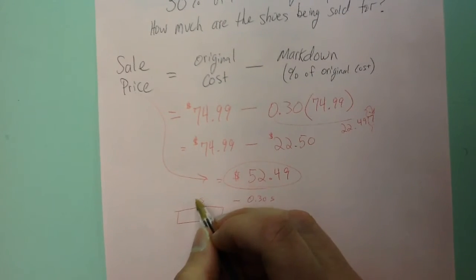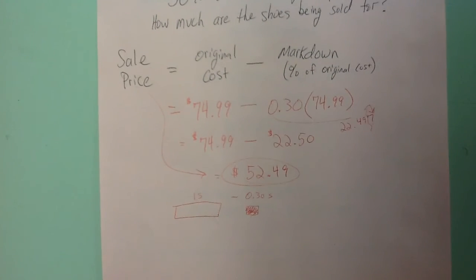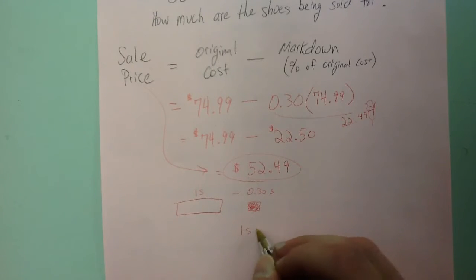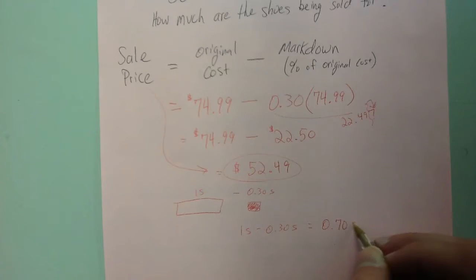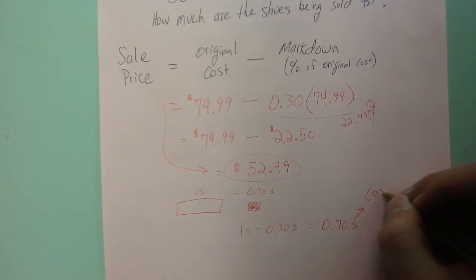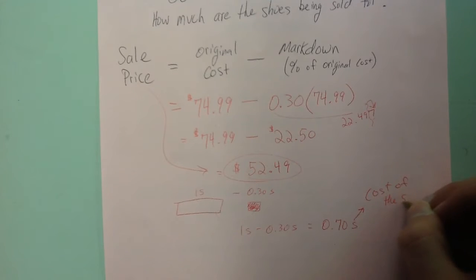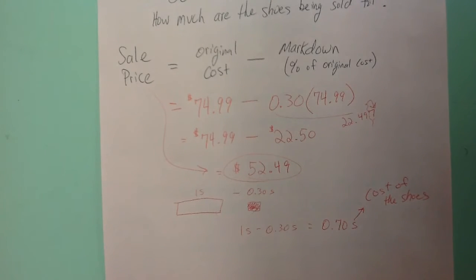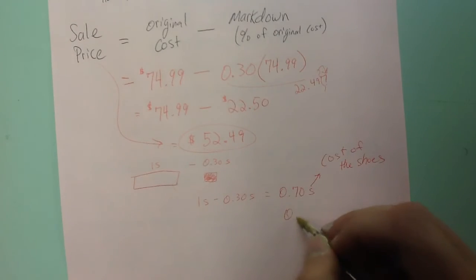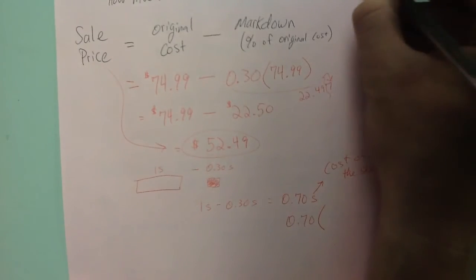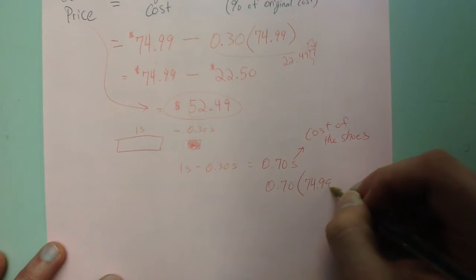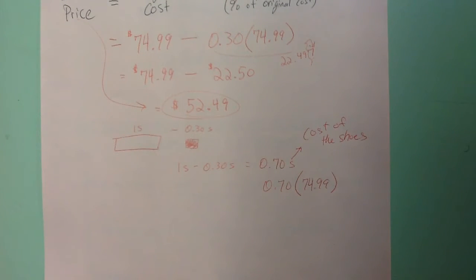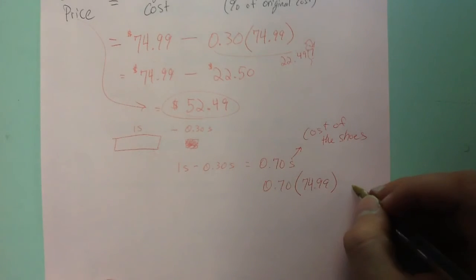So if I have 1S minus 0.30S, I will get 0.7S, where S is the cost of the shoes. Okay, so I can plug in the cost of the shoes. I have 0.70 times the cost of the shoes, which is $74.99.